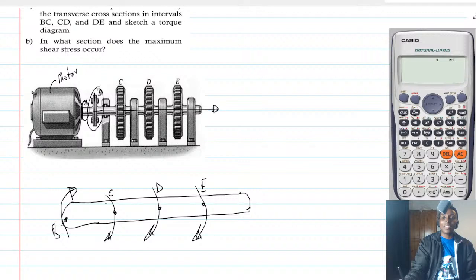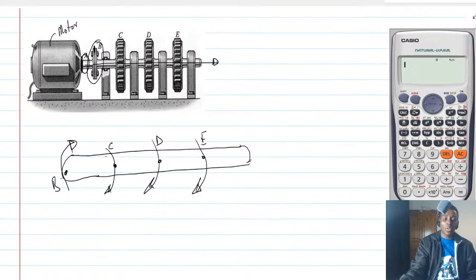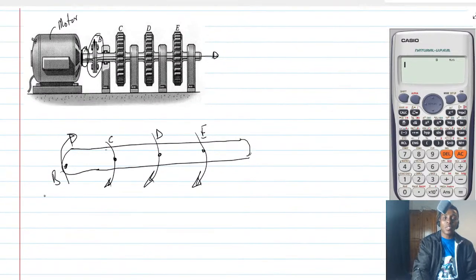Now let's start. So we want to find the torque at B. More or less, sorry, it looks like a reaction. Okay, the torque at B. So let's call this torque at B, let's say TR, reaction torque.